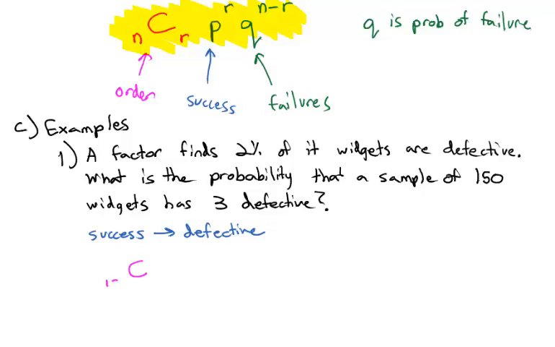There are 150 widgets. We're going to choose 3 of them to be defective. For the number of successes, there's a probability of 2% that we are defective, so that's 0.02 to the 3rd power, because we want to have 3 defective parts.